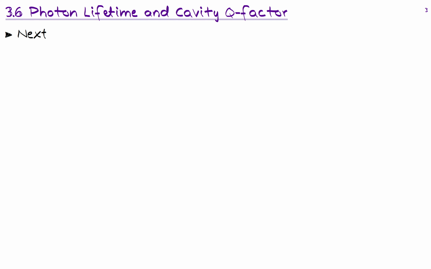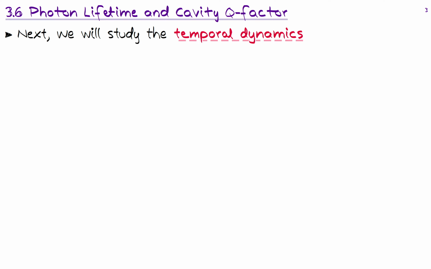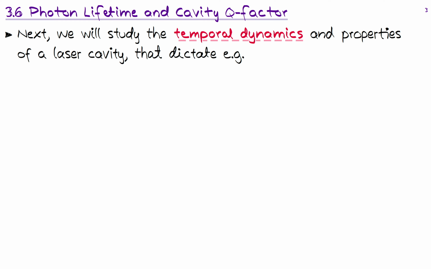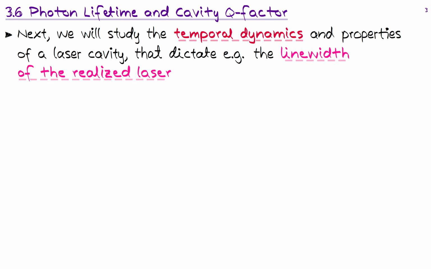I want to highlight that we will next study the temporal dynamics and the properties of a laser resonator. And basically, why do we care? This is the physics that dictates, for example, the line width of a realized laser.